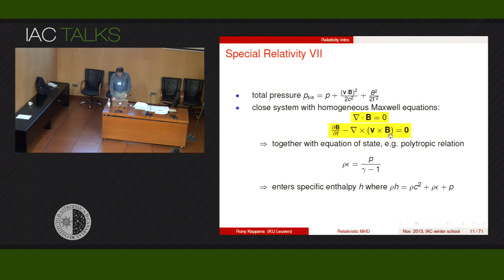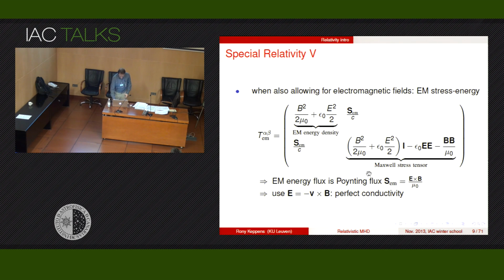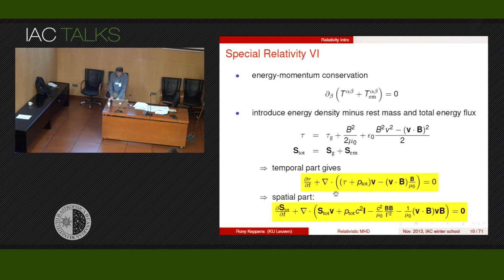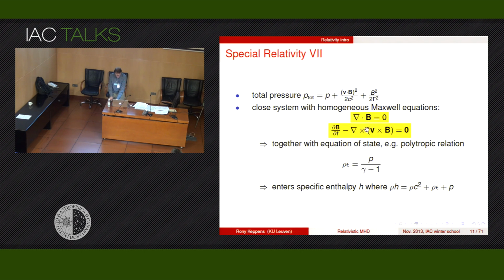Because I have no need for the electric field, in a sense, I can still live with closing by homogeneous Maxwell equations. And that means that I have the same induction equation as Phil and Fausto already discussed to you at length, so I don't need to do that anymore. Good. And of course, divergence B is 0 or an elephant, depending on the T-shirt.